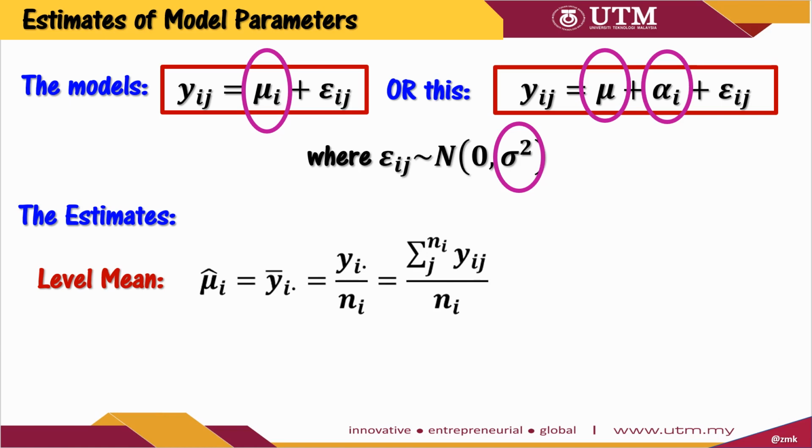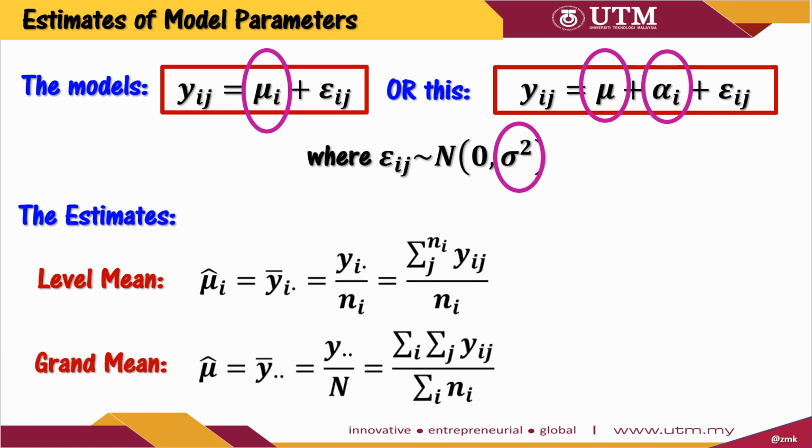The estimated grand mean, denoted by mu cap, is simply the overall or grand sample mean y double dot bar, calculated as the sum of all observed values, denoted by y double dot, divided by the total number of observations, denoted by capital N, where capital N is the sum of all level sample sizes.